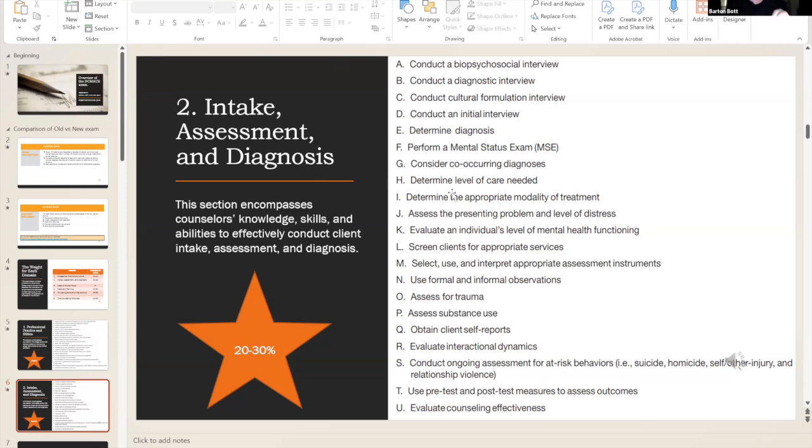That would be where we would essentially do our diagnosing. The conduction of the cultural formulation interview, the CFI, that's provided to us in DSM-5, right? First time we've had that. And other things that we might expect to do during intake, such as assess for substance use, obtain client self-reports, evaluate interrelational dynamics, such as if we were seeing a couple.